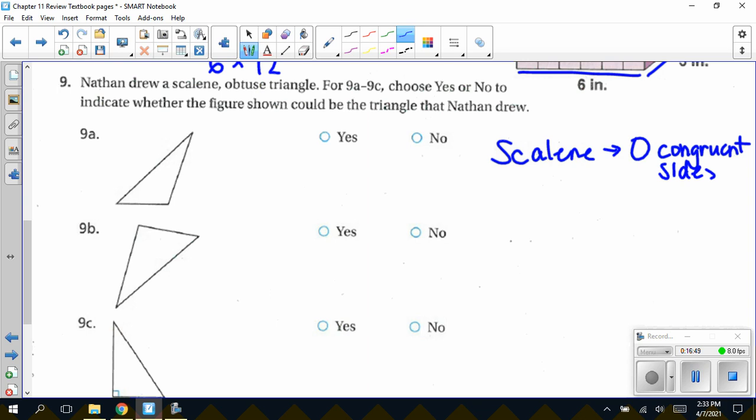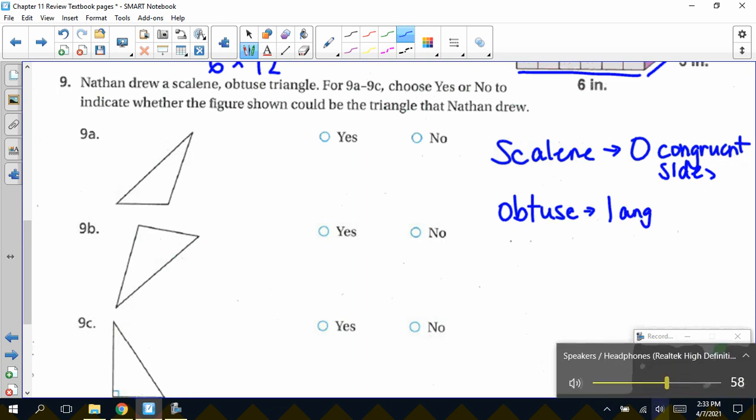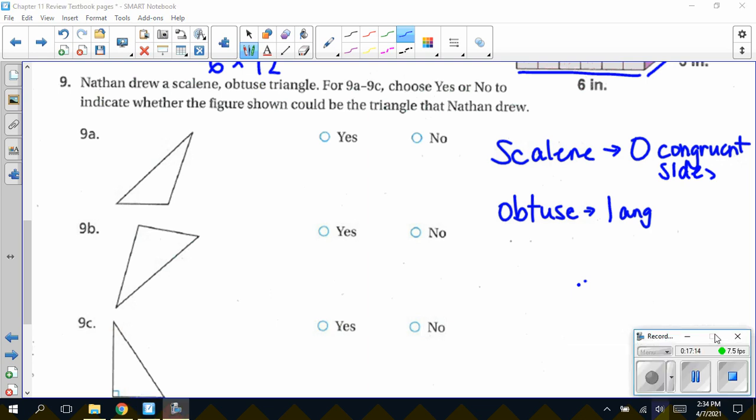And then to be obtuse, you have one angle that is greater than 90 degrees or less than 180.